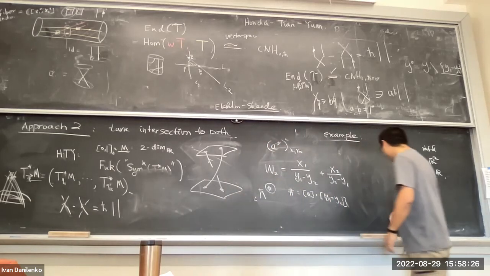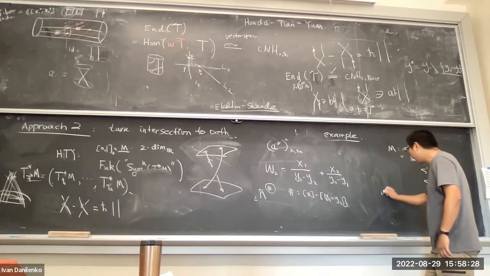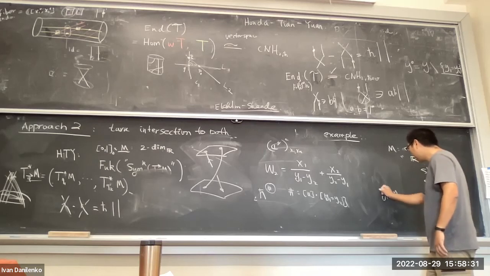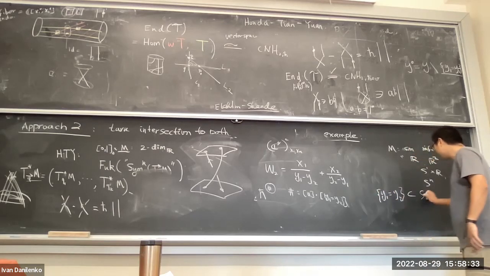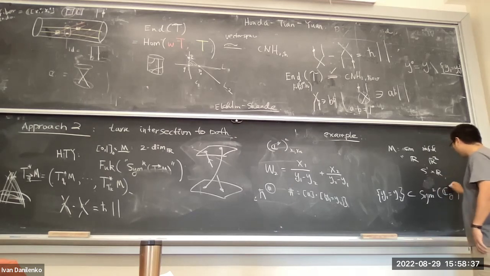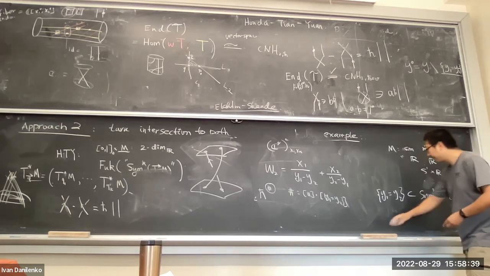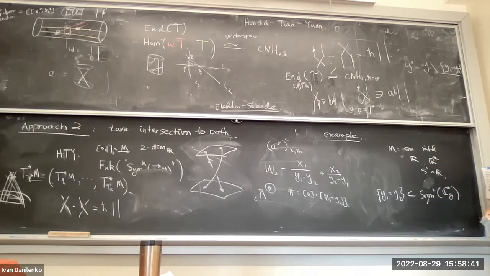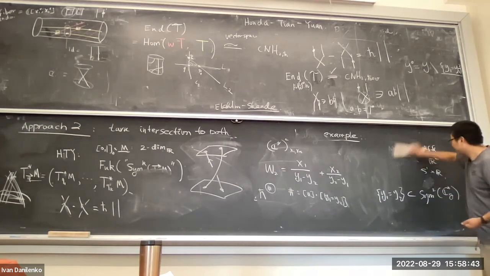So maybe that's y1 times y2, which is actually a subset in the symmetric square of C1. And then there are two ways to take it up. You can take the proper transform or take the total transform.